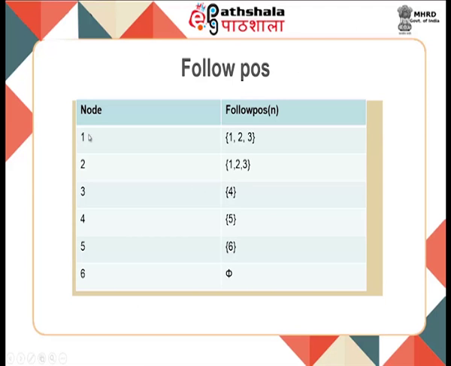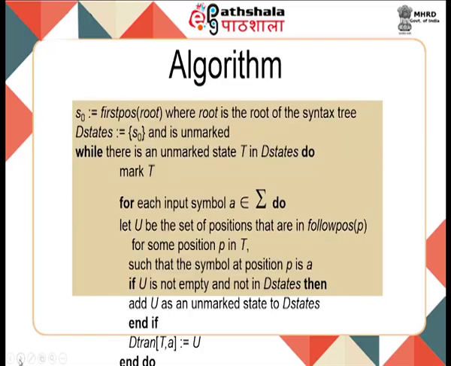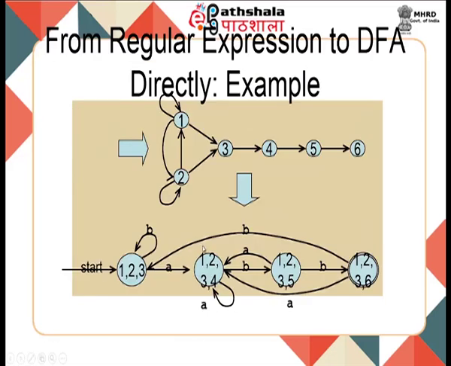Nodes 1 and 3 correspond to the symbol A. So, nodes 1 and 3's follow positions are 1 comma 2 comma 3 and 4 respectively. Therefore, you will basically have to go to 1, 2, 3, 4 on A from 1, 2, 3.